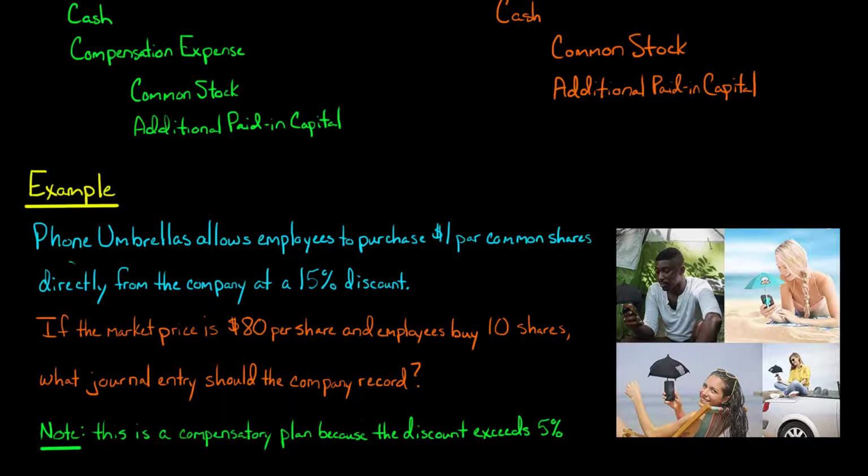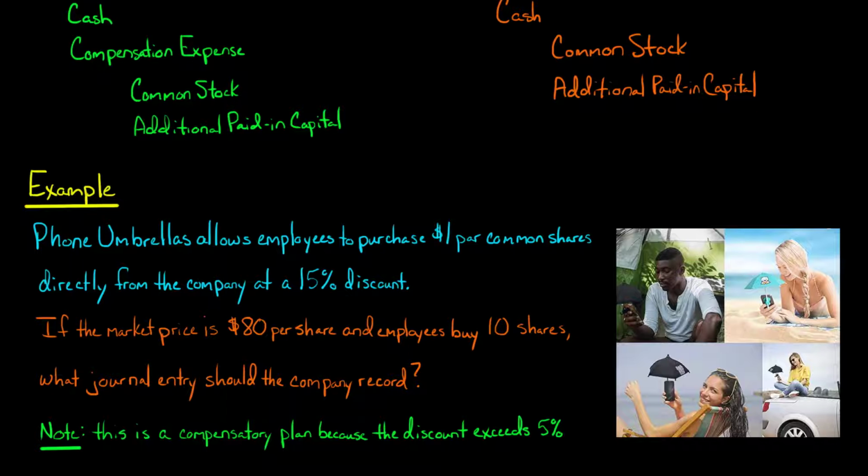So phone umbrellas allows employees to purchase common shares of stock directly from the company. Those shares have a $1 par value per share. And let's say that the company will give the employees a 15% discount relative to what the current market price of the shares happens to be. So let's say the market price is $80 per share, the employees would not actually have to pay $80.